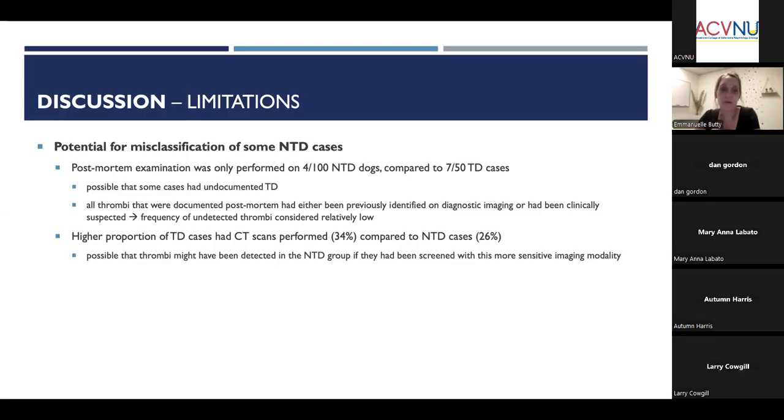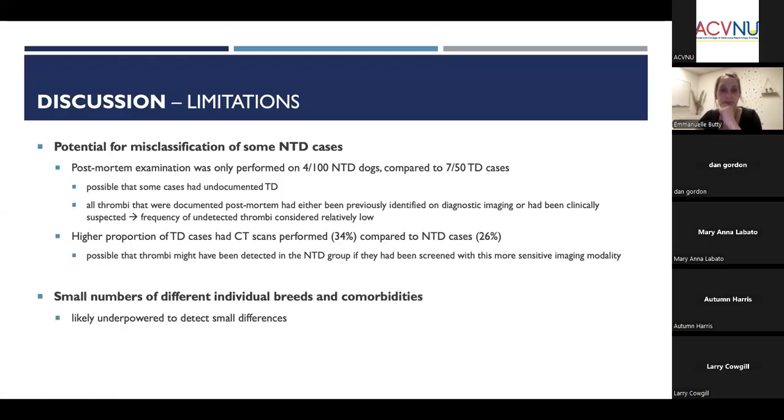And there was a higher proportion of patients with thrombotic disease that had a CT scan performed. So that's also something that they just discussed here in the discussion, and we don't have exact details of who had what, but that's one of the reasons why perhaps they may have missed a thrombus compared to the thromboembolic disease group that had more CT scans.